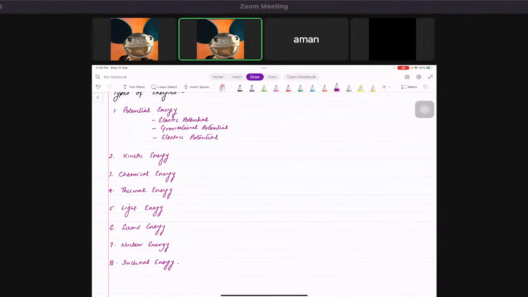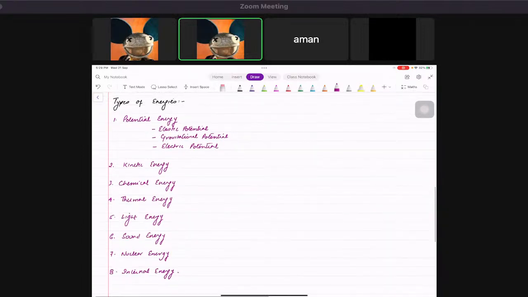Now, each energy does a different kind of work. For example, if we talk about the elastic potential, that is basically due to change of shape of a body. We could also take gravitational.